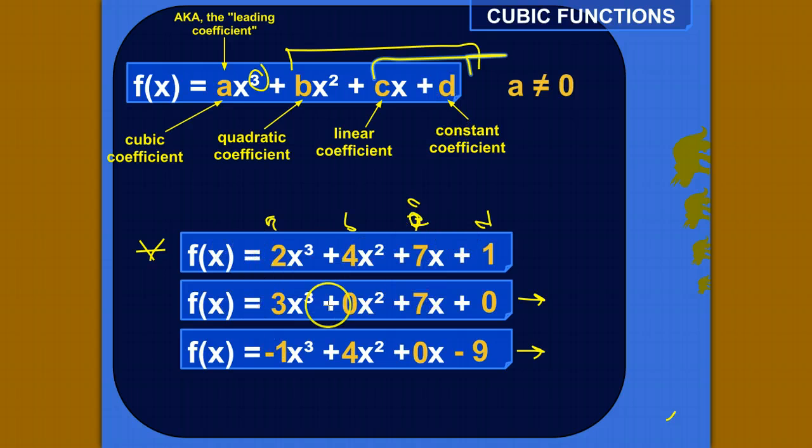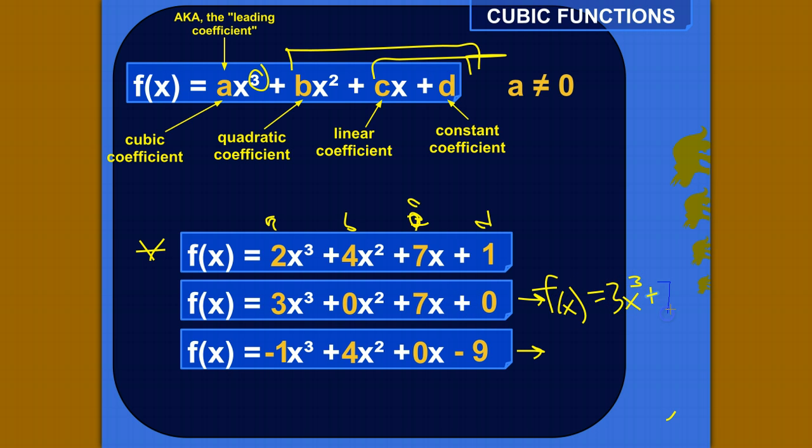And I've given you some examples. Here's an example where a, b, c, and d are none of them 0. You might have something like this, where what you'd actually see in the book or on your test would be f of x equals 3x cubed plus 7x.